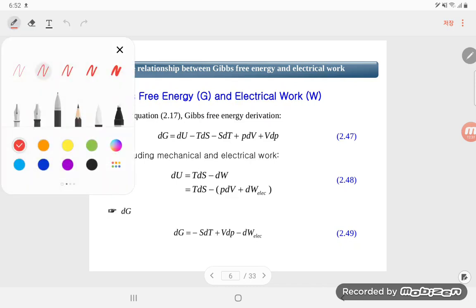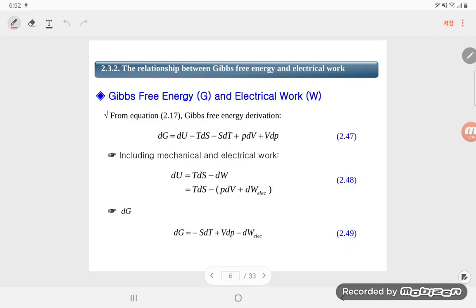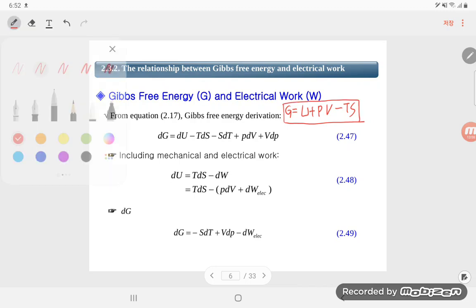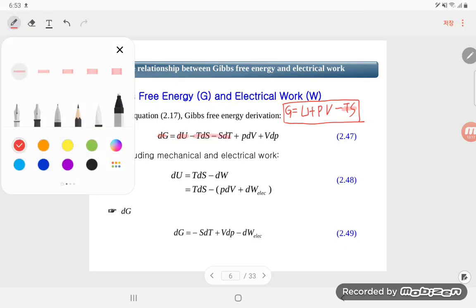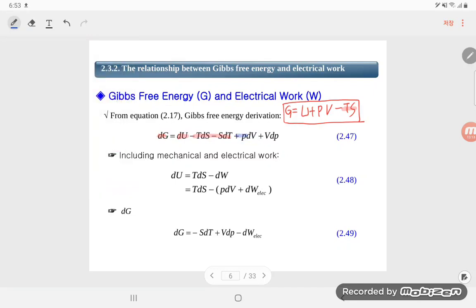And let's move on to the relationship between the electrical work and Gibbs free energy. We can start from the definition of G. G equals U plus PV minus TS, right? Then if we differentiate this one, we get dG equals dU minus TdS minus SdT plus PdV plus VdP.